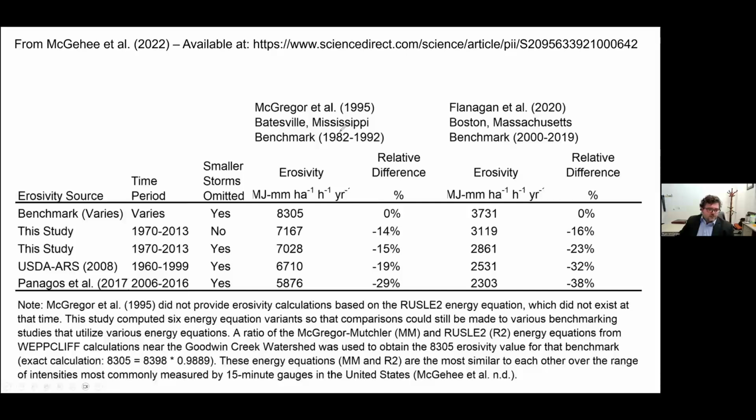So here is our Mississippi site. Here is our Massachusetts site. Note the time periods. So the time periods don't necessarily align, and that's a factor. But I want you to note the McGehee 2022 study, 1970 to 2023. We were below the benchmark in both of those cases, and we did not remove 50-year storms, and we corrected for gauge differences using the same rules as Russell 2.